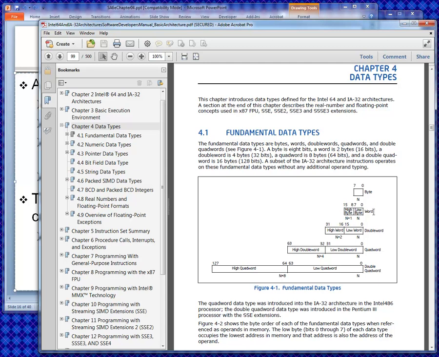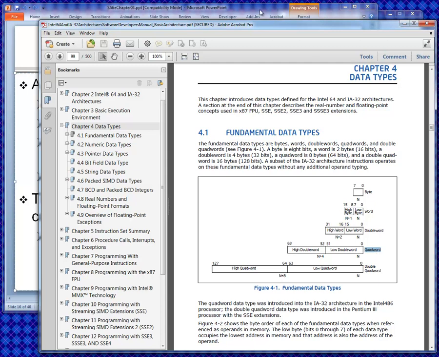The reason they keep saying a word is 16 bits is because a word was 16 bits in 1981. But the reality is, if you look at one of these modern Intel processors, the true word size, the one they use the most often, is 64 bits. But we don't call that a word in Intel speak, we call that a quad word.